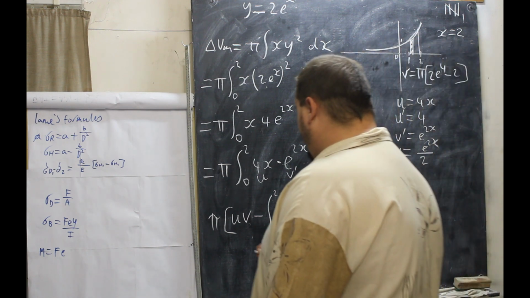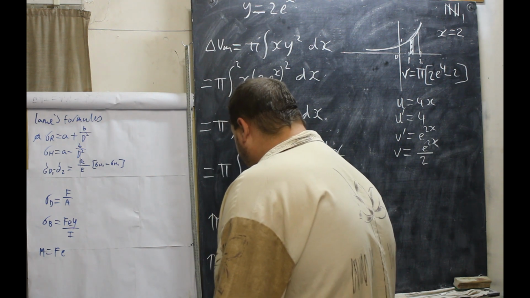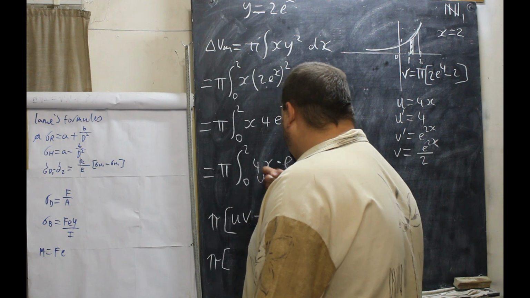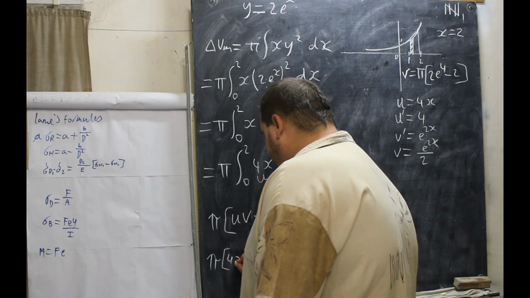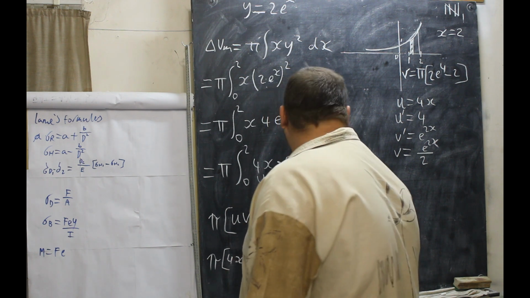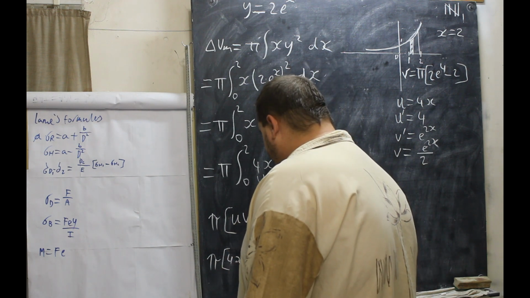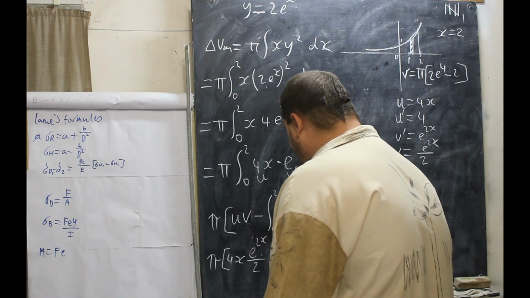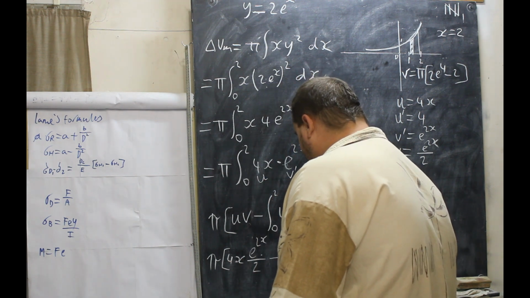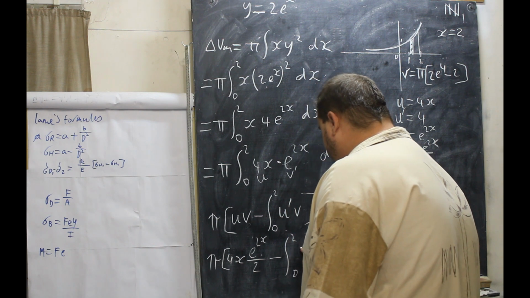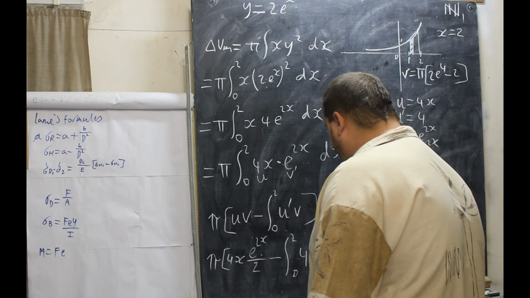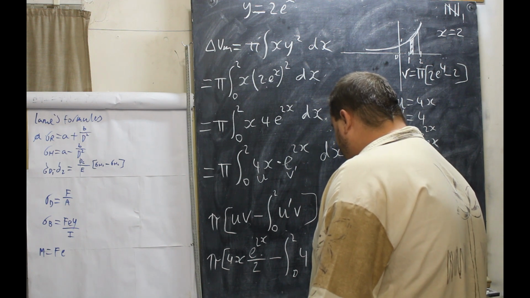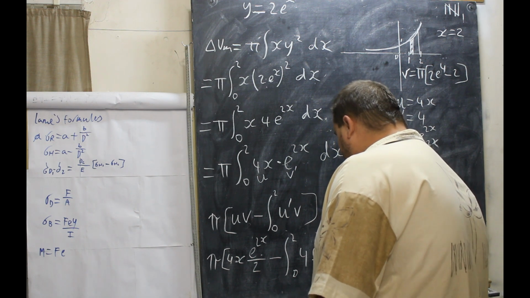So what we're going to do is say pi times 4x times v, which is e to the 2x over 2, minus the integral of 4 times e to the 2x over 2.